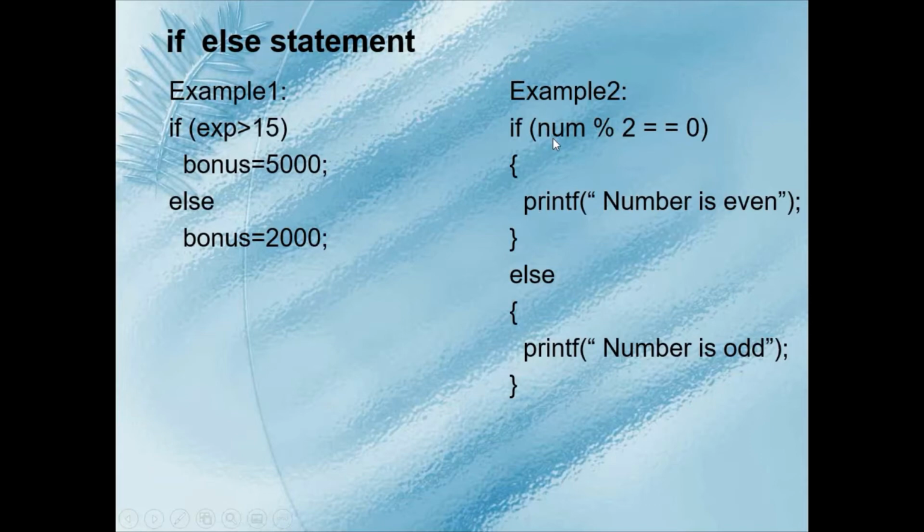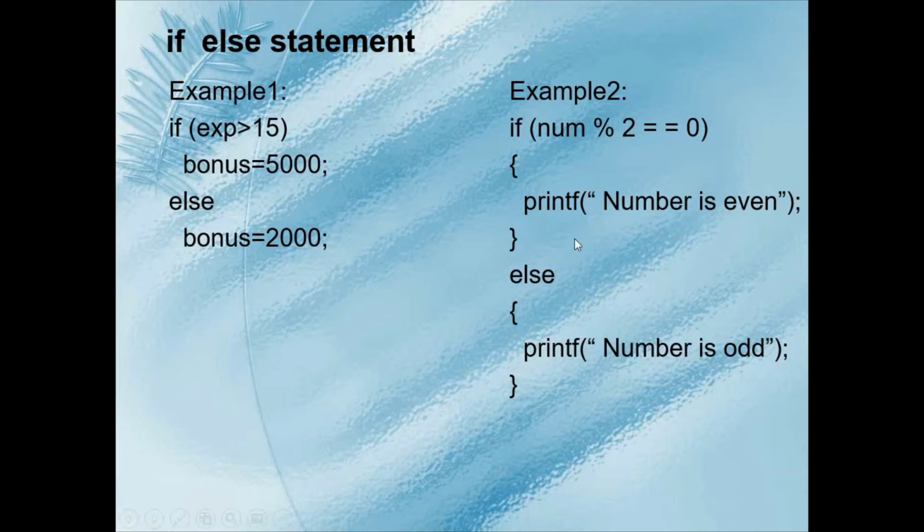If the number entered is 9, 9 mod 2 will return the result 1. So 1 is not equal to 0. So the expression becomes false. When the expression is false, it goes to the else block, that is the false block, where we have the statement printf number is odd.